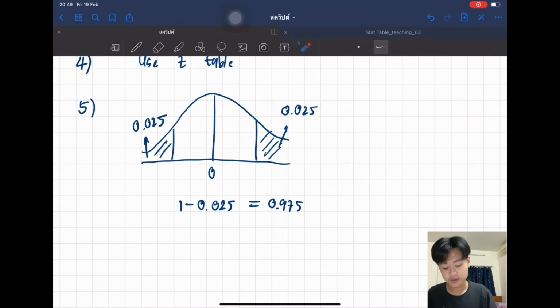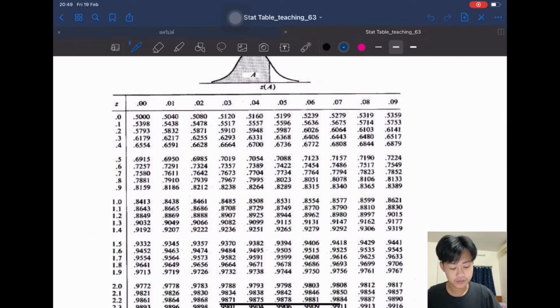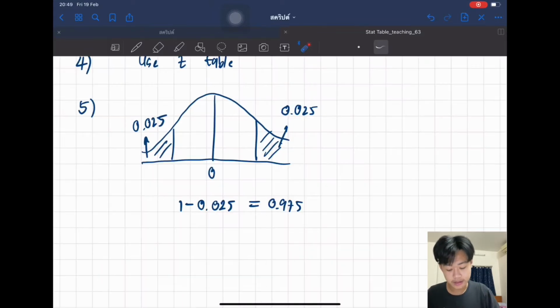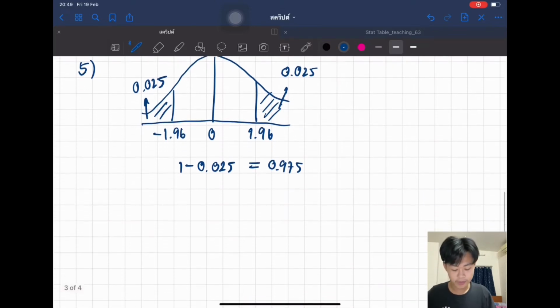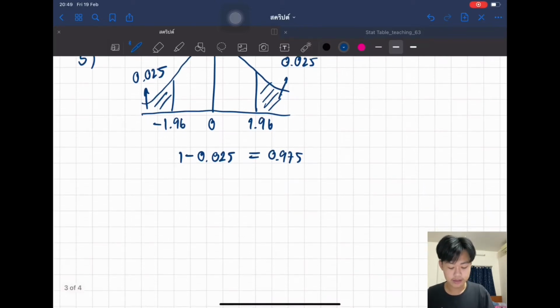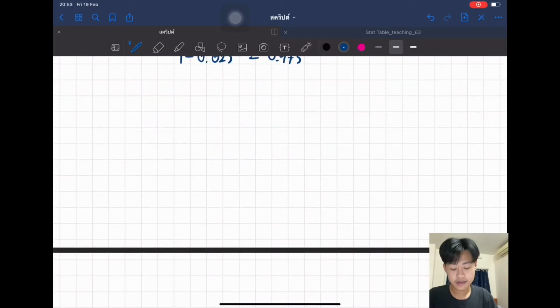Open the z table. We get 1.96 and minus 1.96. Okay, next step.